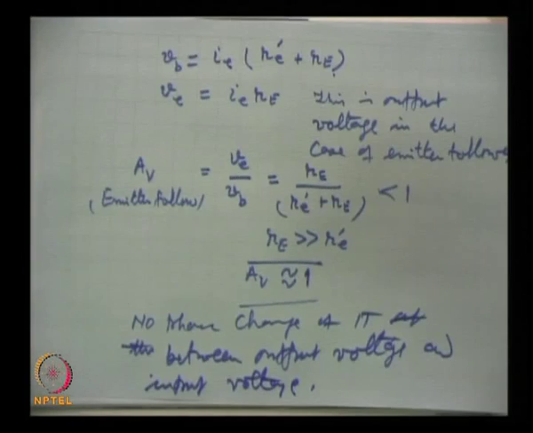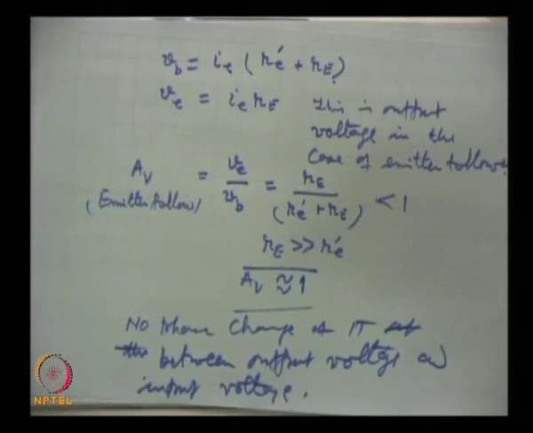There is no phase change and there is no voltage gain, but current gain is there. We will find an expression which is equal to beta. The beta is the current gain and there is no voltage gain. The output follows the input in magnitude and in phase, that is why it is called emitter follower.